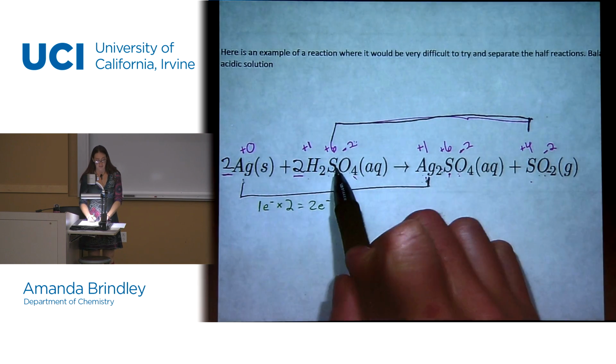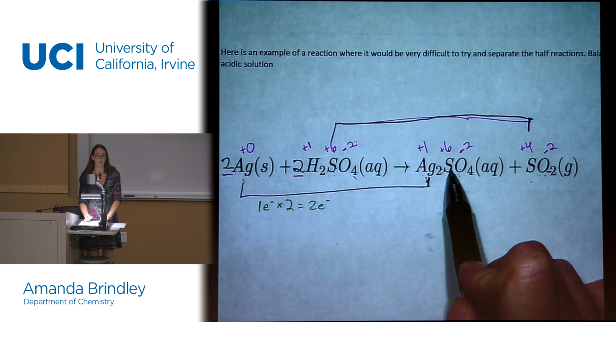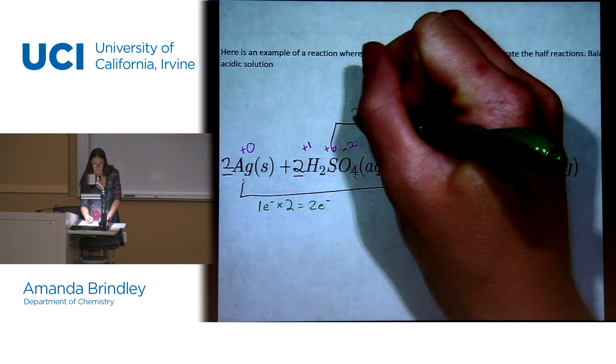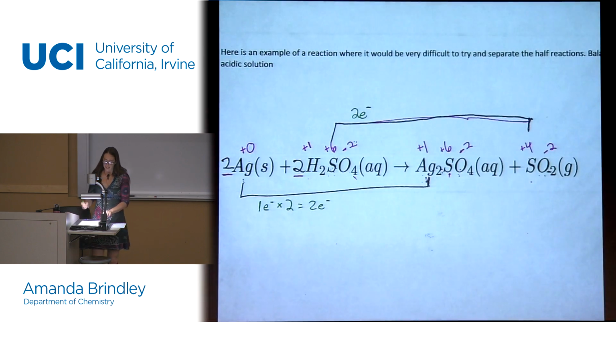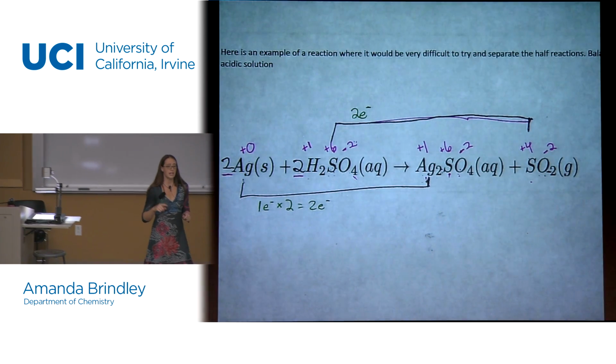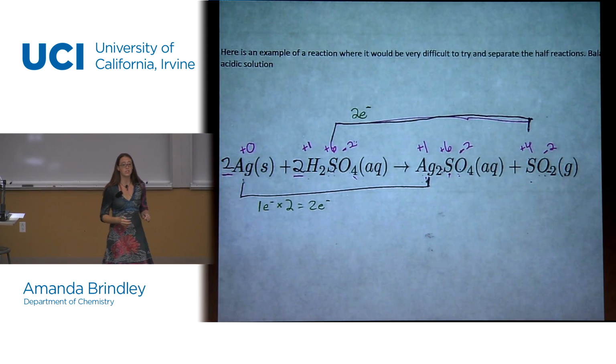Now let's look at our sulfur. To go from here to here, is any electrons being exchanged? No. What about from here to here? How many? 2. Here's the part that people get a little tripped up on. How many times is it happening? Is it 2?